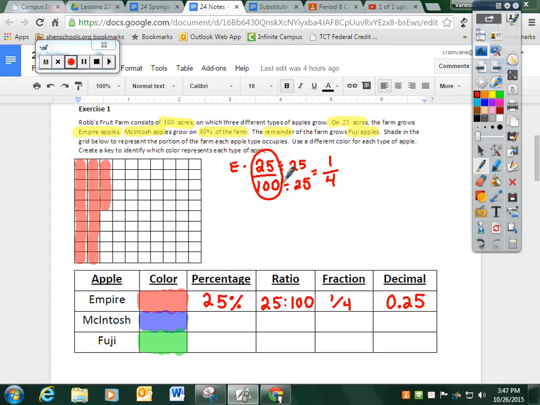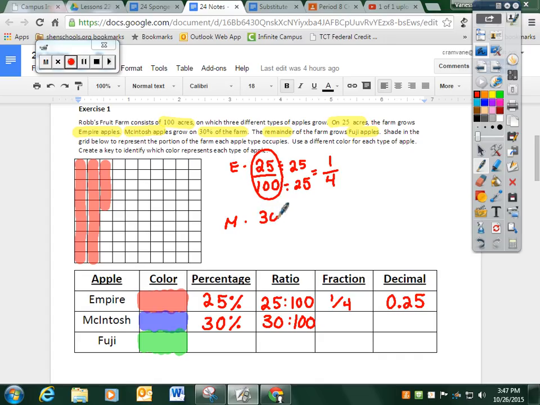Okay, so now let's go to our Macintosh apples. Macintosh grow 30% of the farm, so they give us our percentage. As a ratio, that is 30 to 100. I'm going to put my M here for my work.